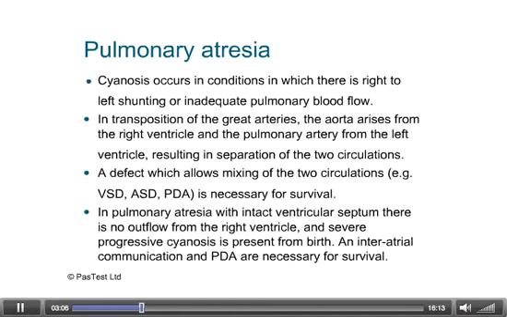Hence, shunting may occur across an atrial septal lesion, i.e. persistence of the patent foramen ovale, with a PDA in order for any blood to be able to go to the lung. This, of course, is a medical emergency.